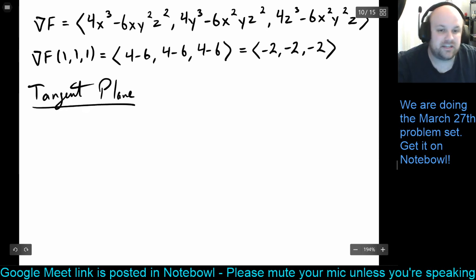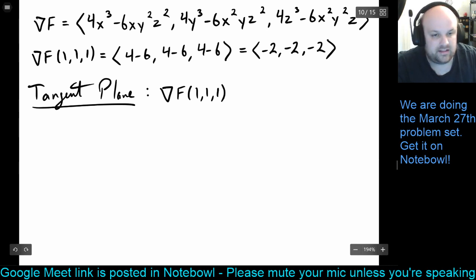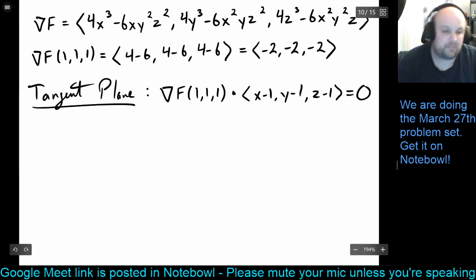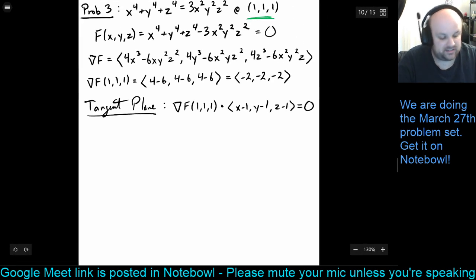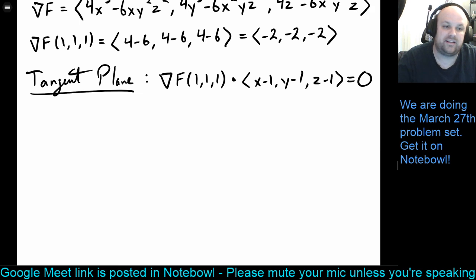So the equation for the tangent plane is, take your gradient at the point, dot product with x minus 1, y minus 1, z minus 1. Remember, the equation for a plane is the normal vector dot product with xyz minus the point that you're trying to find the plane at.